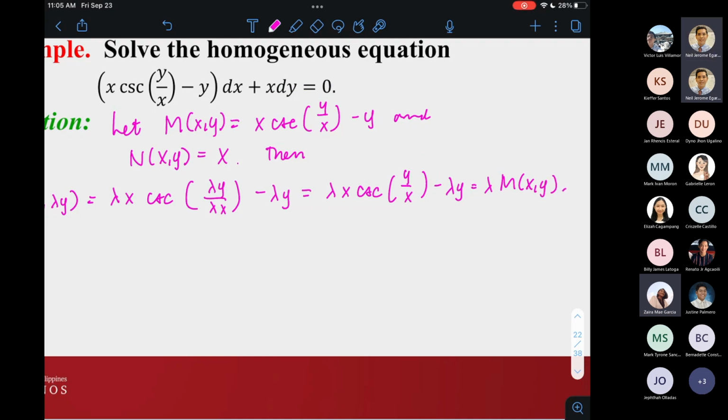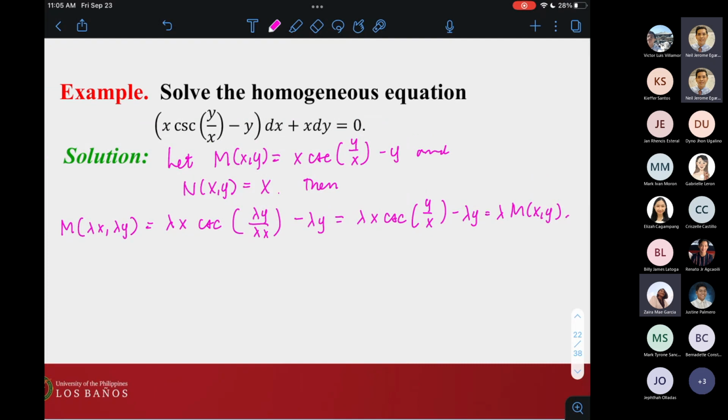So we can say that the component M is homogeneous of degree 1. So we're hoping now that the component N will be homogeneous of degree 1 as well. Pero mas madali siyang tingnan, no? Kasi si N lang naman ay x, the x function.